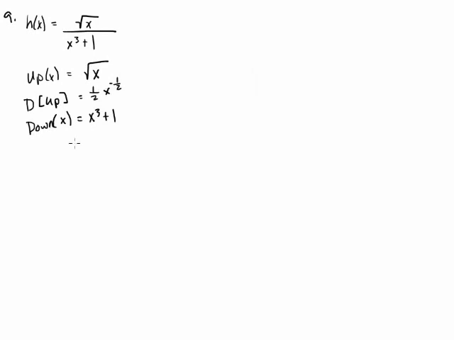And the derivative of down, one way of writing that is d up and d down with respect to x, but we'll just say d of down, is equal to 3x squared, because the derivative of x cubed is 3x squared and the derivative of 1 is 0, so we don't write it.